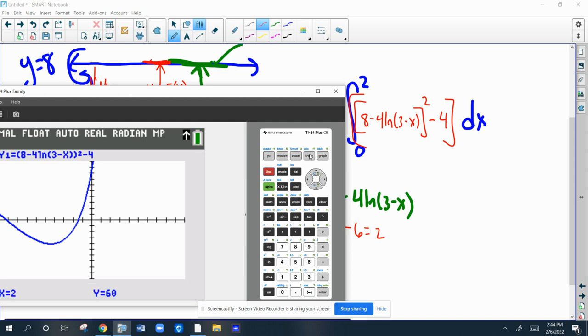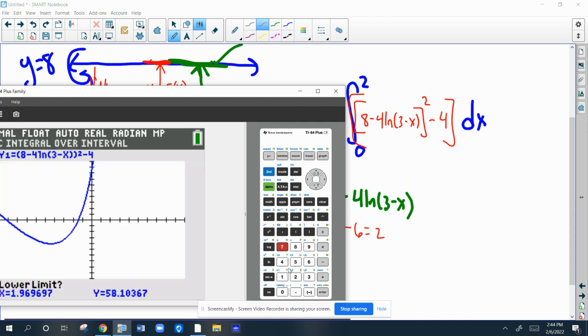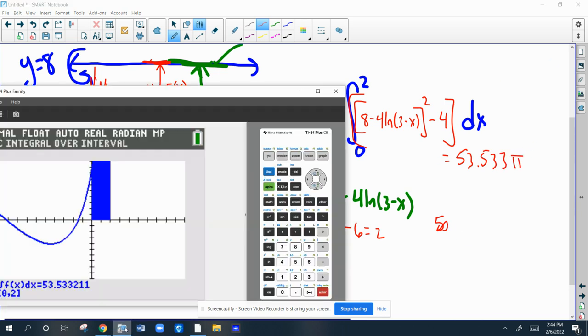I don't know what I'm doing. Let's try that again. Integrate that from 0 to 2, and we get 53.533. Now remember, there's a pi out there. I think I just copied that down wrong. 53.533. That's right. And there's a pi out there.